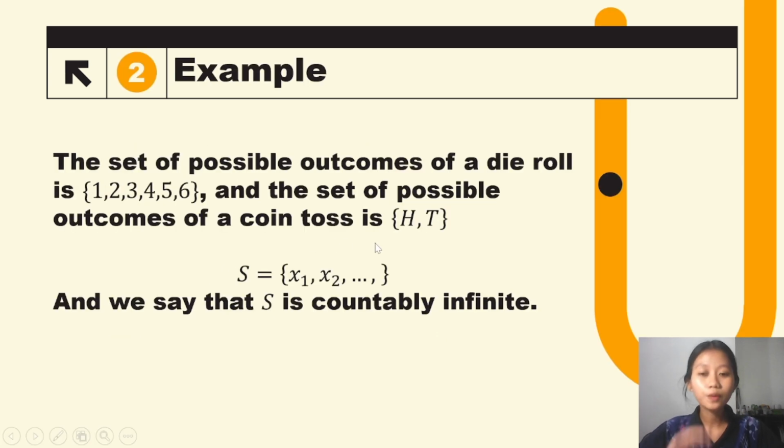The set of possible outcomes of a die roll is {1, 2, 3, 4, 5, 6}, and the set of possible outcomes of a coin toss is {H, T}. And S equals {x₁, x₂, ...}, and we say that S is countably infinite.